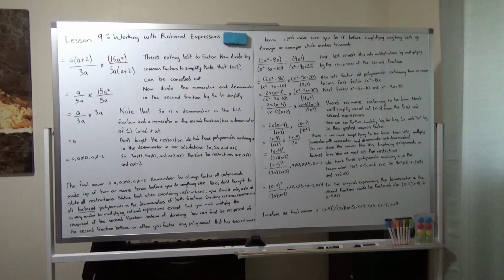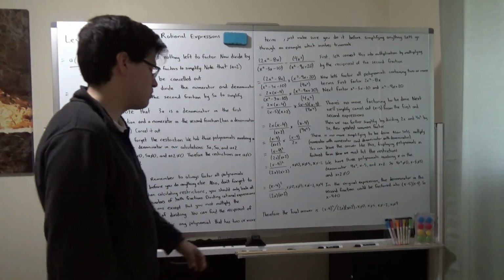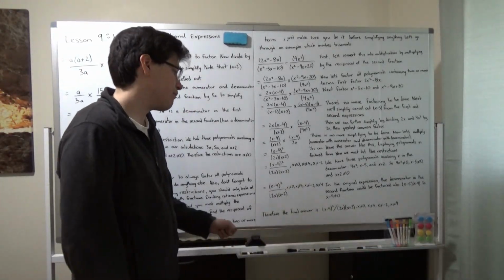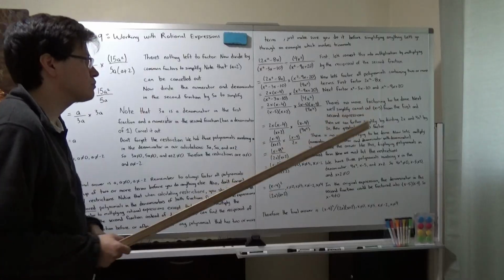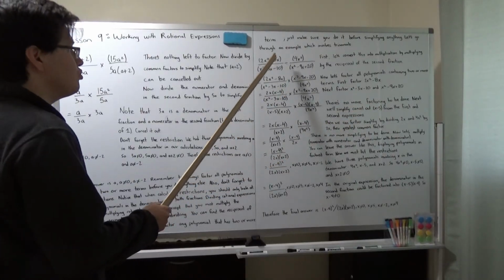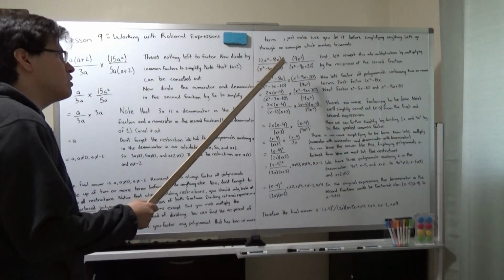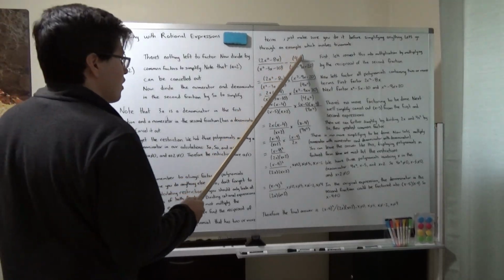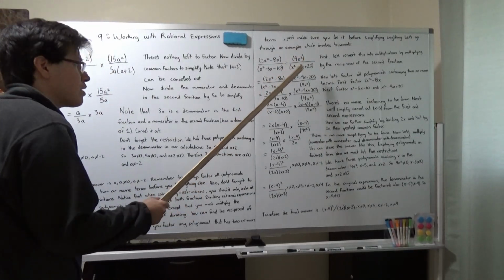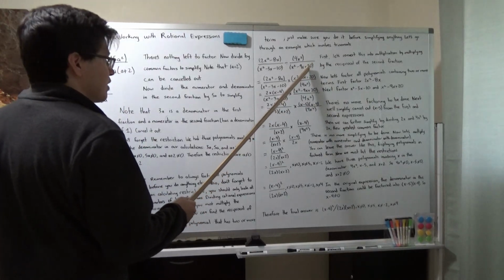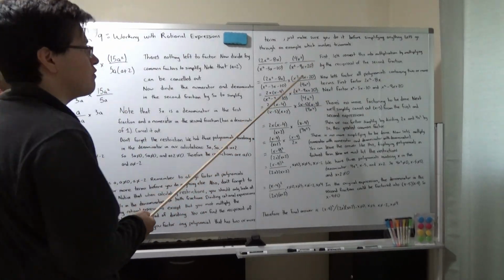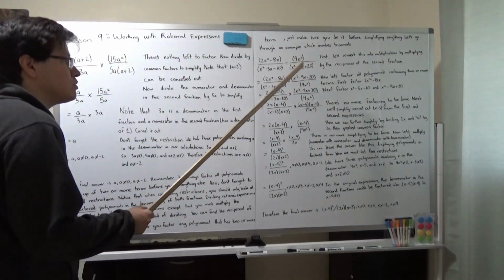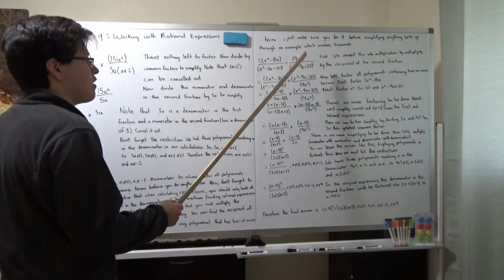Let's go through an example which involves trinomials. 2x squared minus 8x over x squared minus 3x minus 10, divided by 4x squared over x squared minus 9x plus 20. First, let's convert this into multiplication by multiplying by the reciprocal of the second fraction.